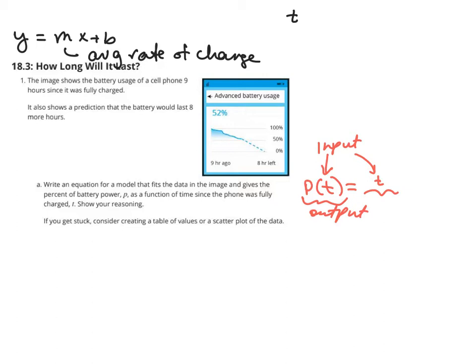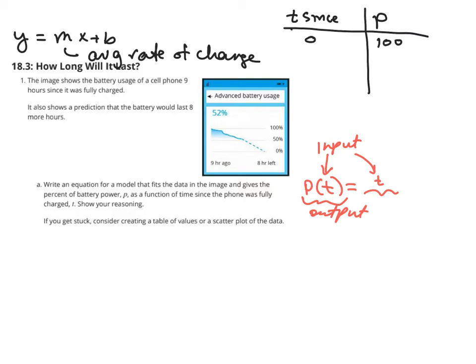Time since fully charged and percent of battery power. Go ahead and write that down. We're going to start out at 100%.